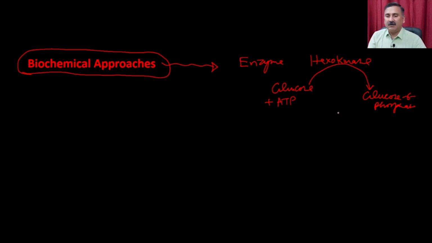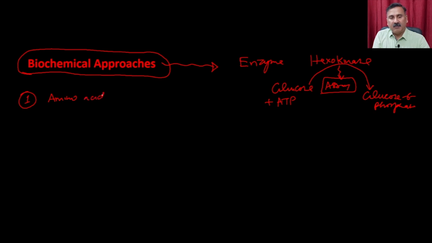Okay. Now, this activity can be measured by an assay, right? So you can have a very strong assay to measure the activity of this particular enzyme. Now, the first thing you can do is use the first approach, where you use amino acid modifiers.